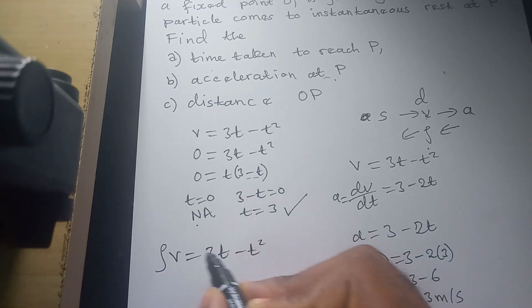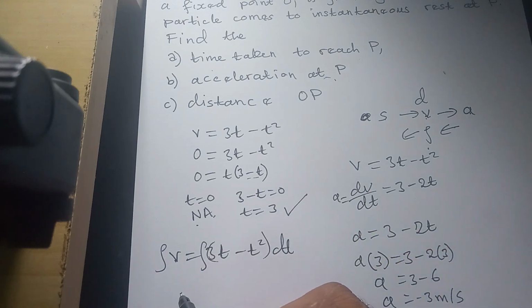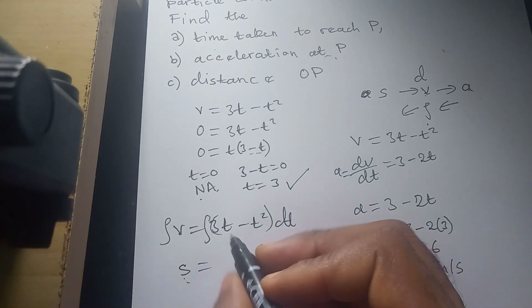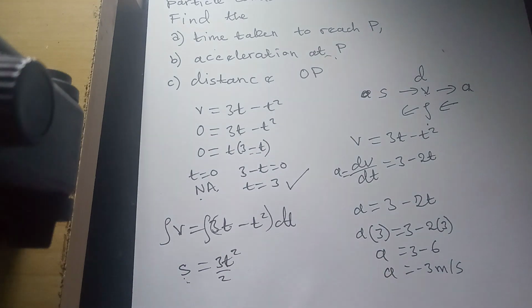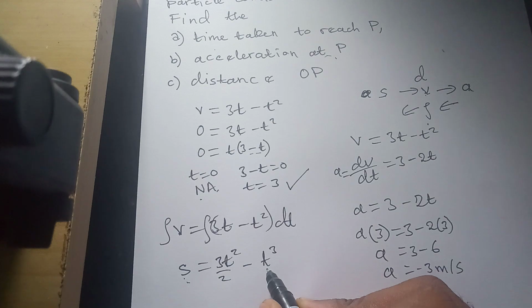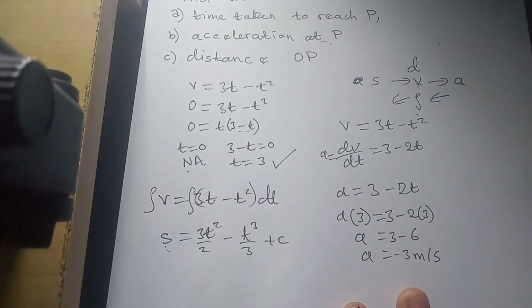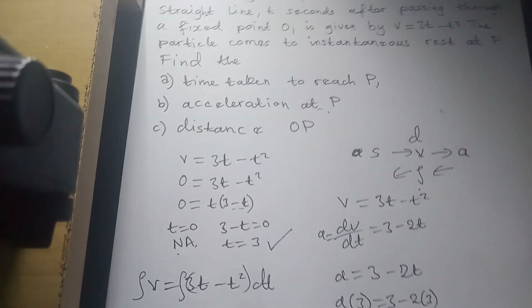Once you integrate this with respect to t, this will give you s, which is the distance. This one will be 3t squared over 2, and then this will be t to the power 3 over 3, and then plus c.